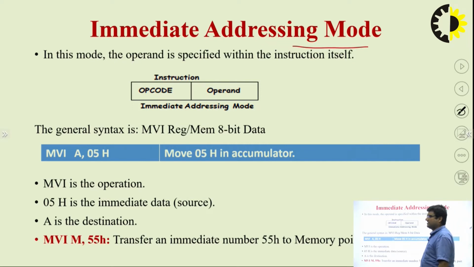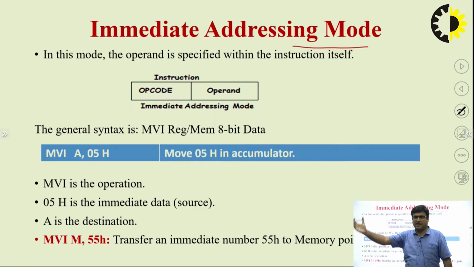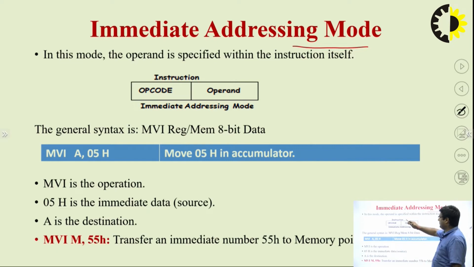Immediate means, as the name implies, immediate data. We have to move something in an immediate manner, and it is not specified by any other register. That's why it is called immediate movement of the data. Now the syntax of the immediate addressing mode.